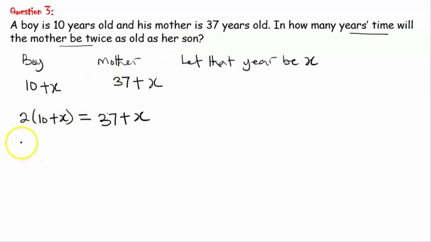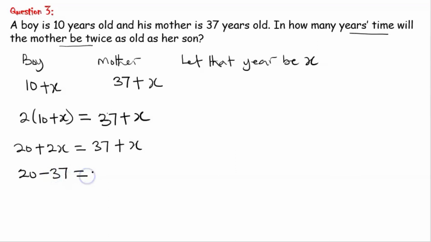All right. So when we do this, we are going to have 20 plus 2x, which is going to give us 37 plus x. If we collect like terms, we are going to have 20 minus 37, which is equal to x minus 2x.